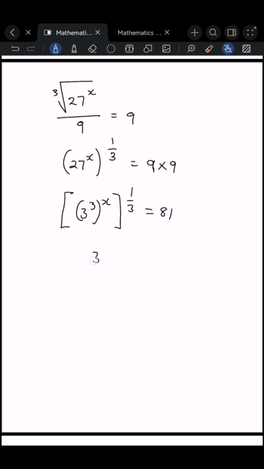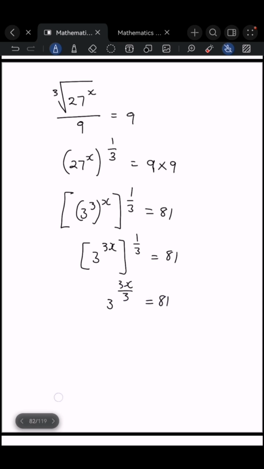Therefore 3 to the x divided by 3 is equal to 81. Therefore 3 to the x is equal to 81. 3 to the x is equal to 3 to the 4. Therefore x is equal to 4. That is the solution.